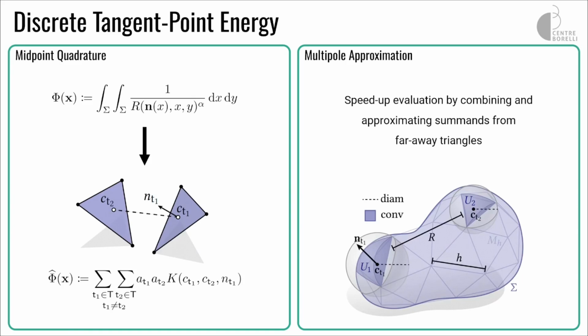We have a certain acceptance criterion: if I have two triangles, I look at their size, and if the distance between their centroids is big in relation to their size, by some factor you have to specify, then you just ignore the contribution. Or more concretely, you take a big patch of triangles and just consider them as one contribution.